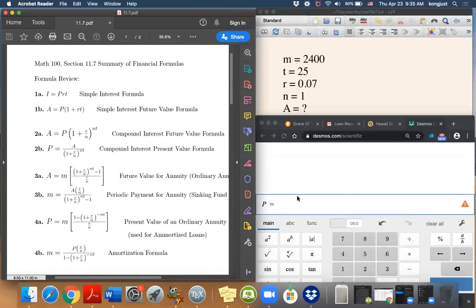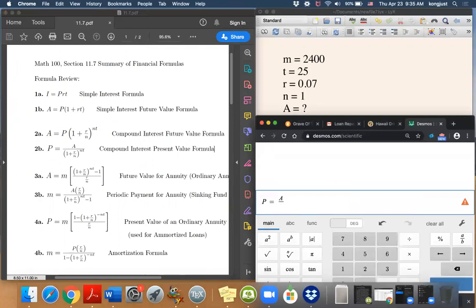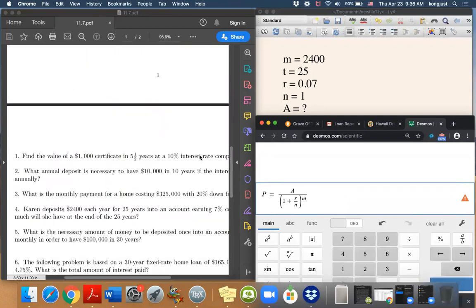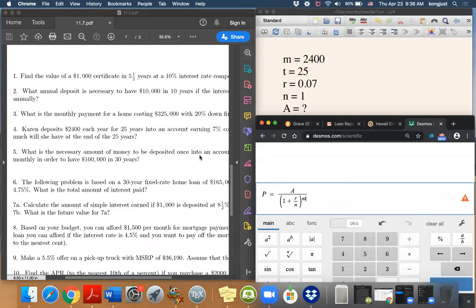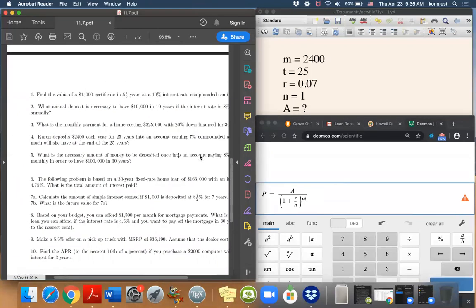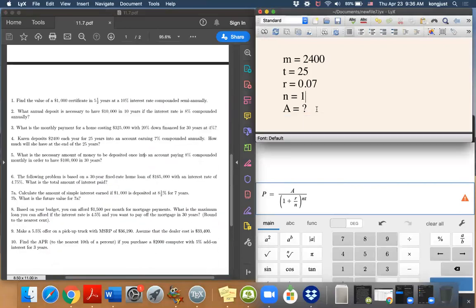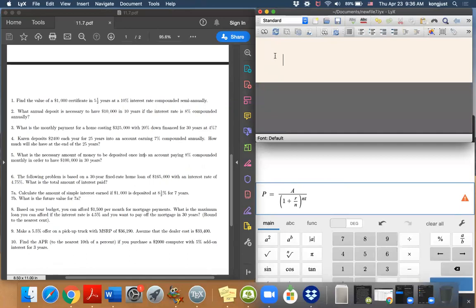P is equal to A over 1 plus R over N. Now let's just fill in our values. Okay, so I want to end up this time with A equal to 100,000.